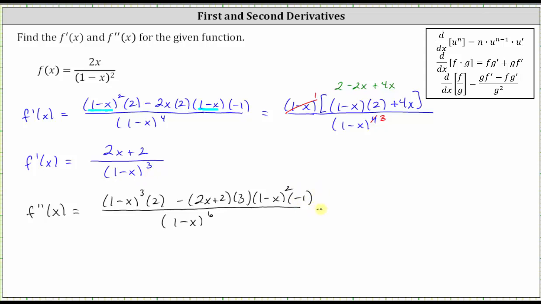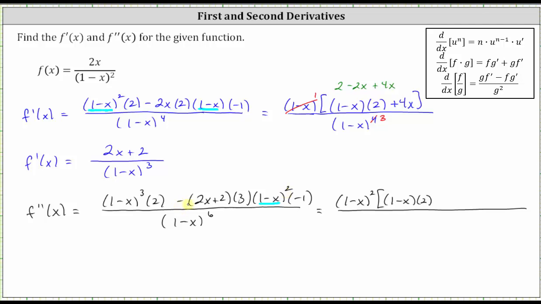And now again we simplify. Looking at the products in the numerator, notice there's a common factor of the square of 1 minus x. Let's factor out the square of 1 minus x from both products. In the first product, it leaves us with 1 factor of 1 minus x times 2. And then for the second product, we're factoring out both factors of 1 minus x.